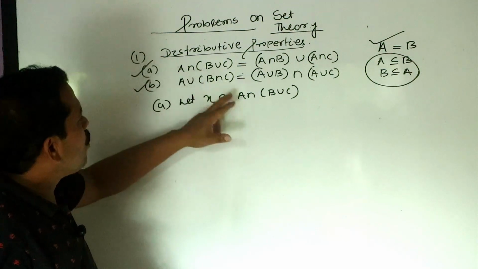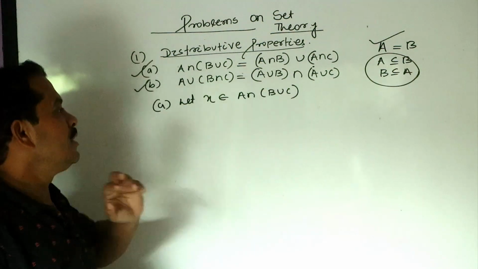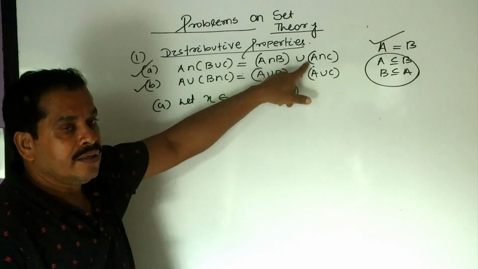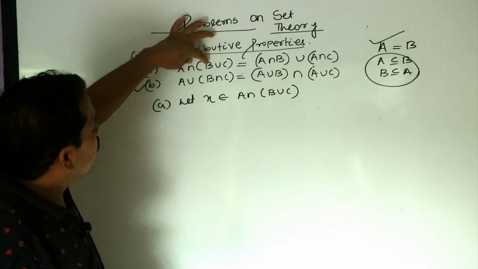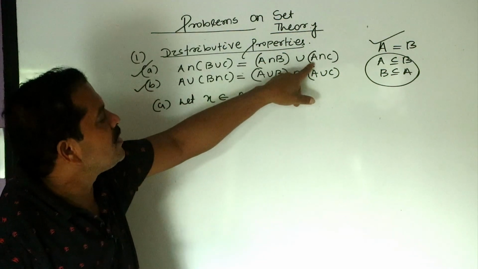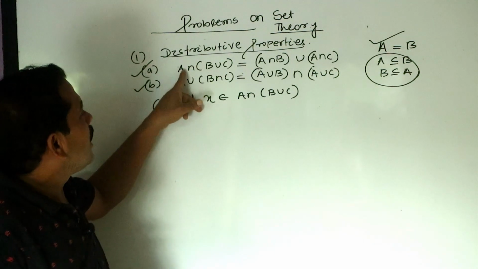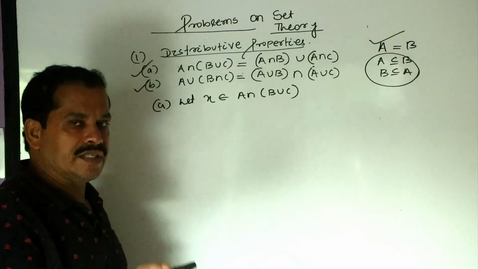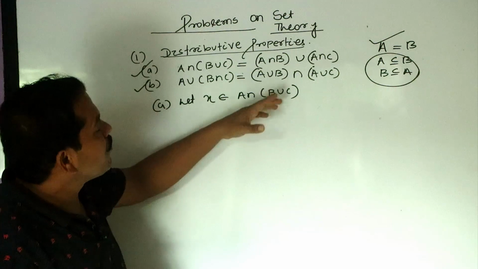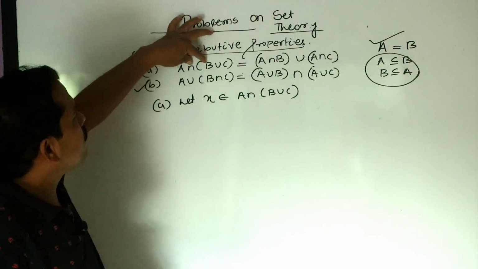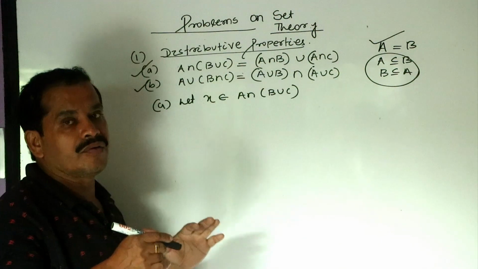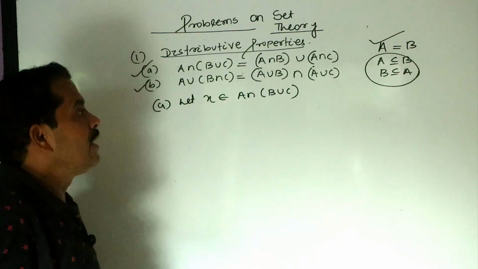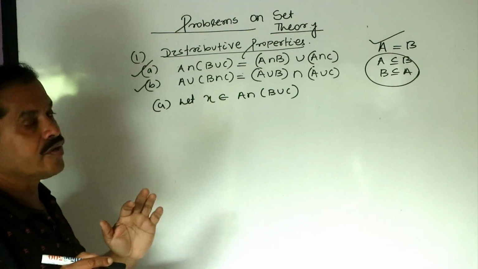We have to prove this x is an element of this set, that means every element of this set is an element of this set, so A intersection (B union C) will be a subset of this set. In a similar method, we can also prove that this set is a subset of this set. Then we conclude that A intersection (B union C) equals (A intersection B) union (A intersection C).